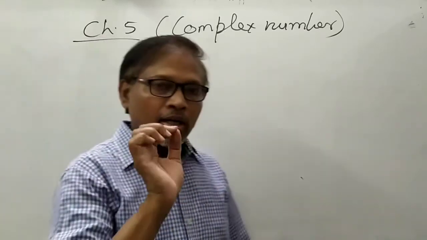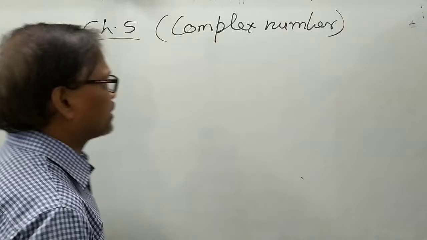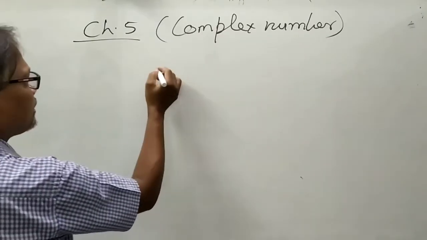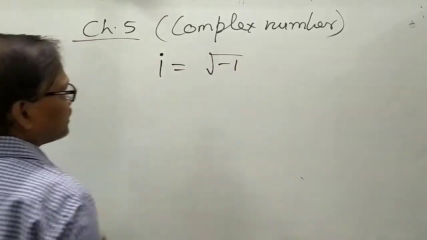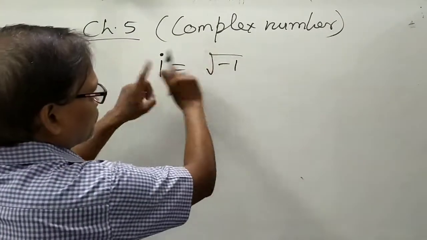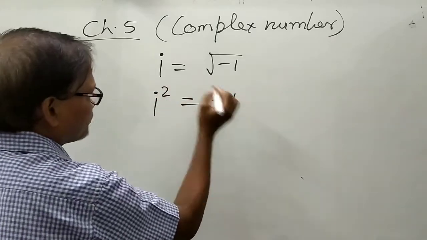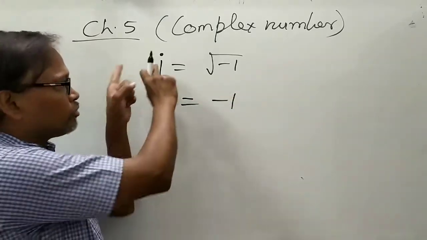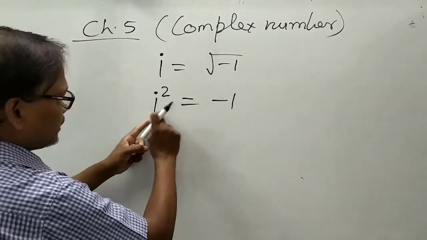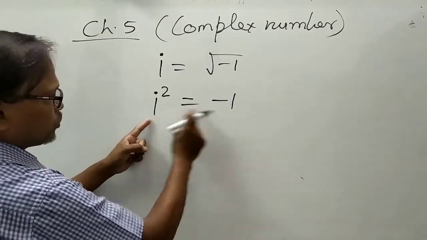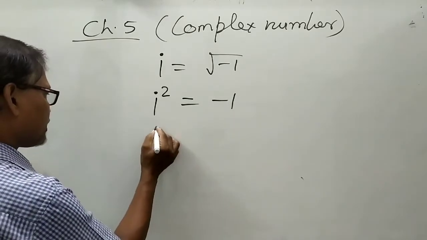अब कुछ प्रॉपर्टीज हैं I के बारे में, यानी imaginary number के बारे में. If I write here I is equal to under root minus 1 and you take the square on both sides, so what you will get is I square equal to minus 1. And if you multiply by I on both sides, what you will get?